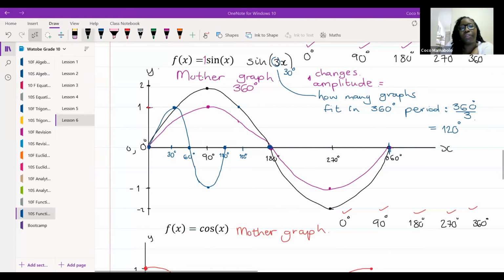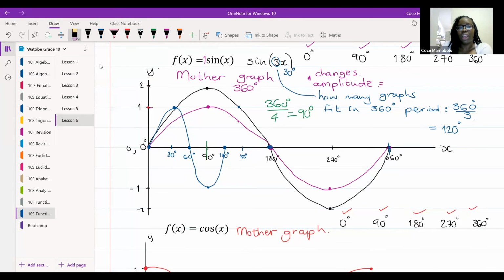And you would find out how long it takes to do the graph by taking 360 and dividing it by 4, which means you would make a full graph in 90 degrees. So your graph would fit in this space here. You'd be able to do this in 90, and then another one in 90 and another one in 90. Okay, does that make sense? I hope that makes sense.